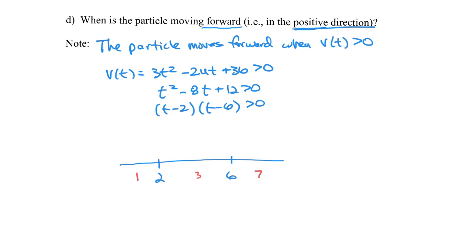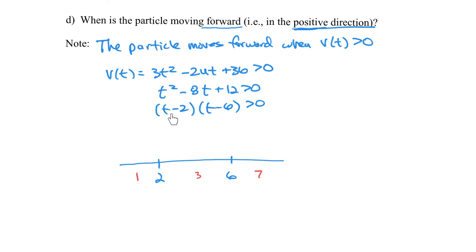because there's only 2 points where this is 0. So to pick these test points, like 1, I'm just picking easy ones. I could have picked 1.7, right, and plugged it in here or here, but it's much easier with 1. And the easiest way is to use this, because all I need to know is if this is positive here or negative here. So if I plug this 1 into the velocity formula, again, I could plug it in here, but it'll be the same answer and much easier.